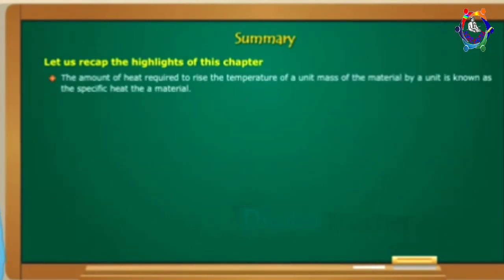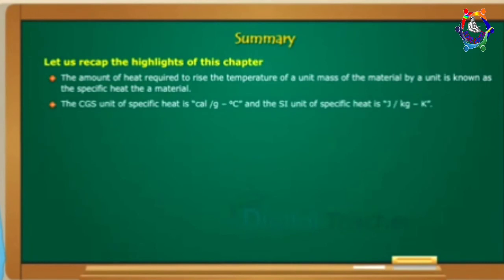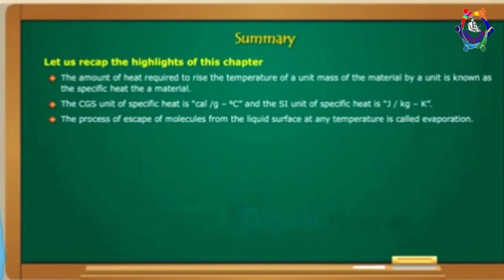The amount of heat required to raise the temperature of a unit mass of the material by a unit is known as the specific heat of a material. The CGS unit of specific heat is calorie per gram degree centigrade, and the SI unit of specific heat is joule per kilogram Kelvin. The process of escape of molecules from the liquid surface at any temperature is called evaporation.